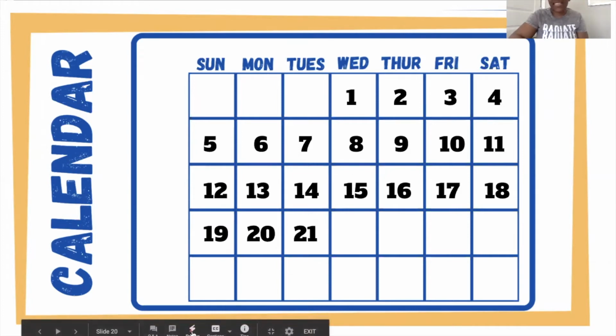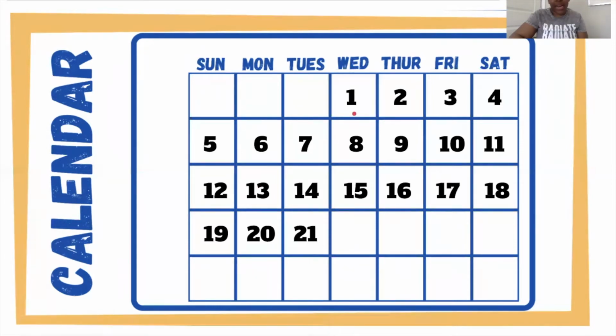Let's practice counting together. 1, 2, 3, 4, 5, 6, 7, 8, 9, 10, 11, 12, 13, 14, 15, 16, 17, 18, 19, 20, 21.